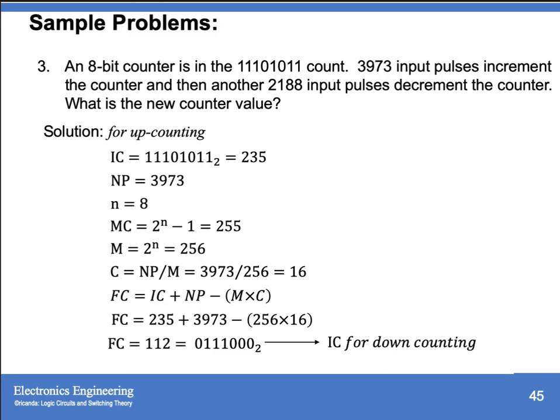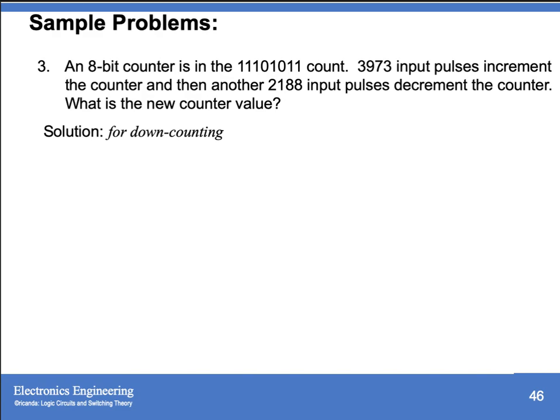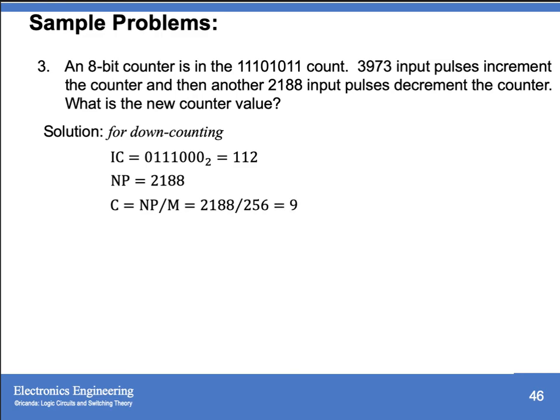For the 2188 input pulses decrement the counter. So initial, which is 112, or that is the final count after your counter incremented by 3973. The number of pulses that will decrement your counter is 2188. Then we have to get your cycle, that is number of pulses over number of states.